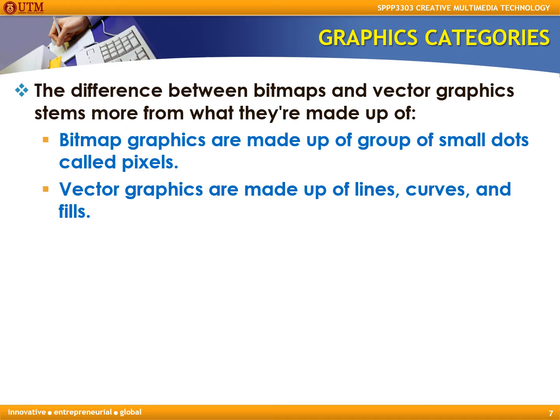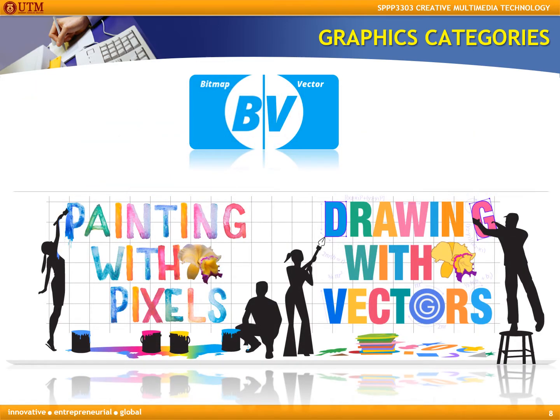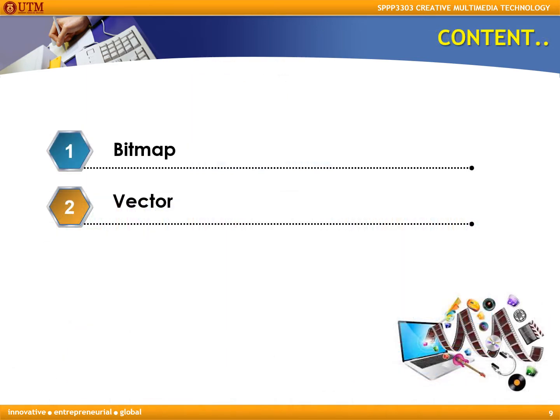That's why when you enlarge vector graphics, there are no dots and no pixels. The quality stays the same. We are going to learn more about bitmap and vector in detail.